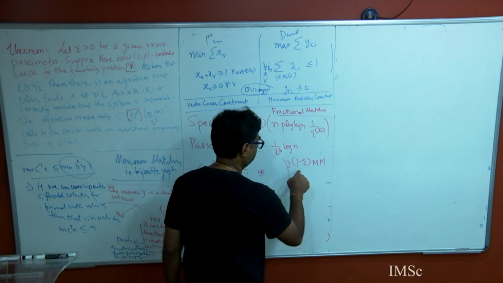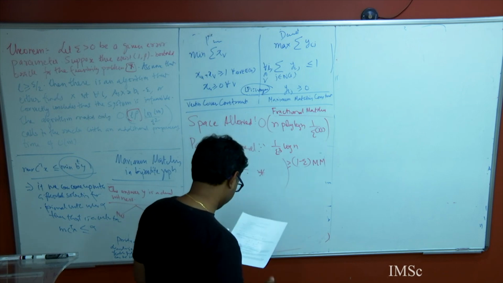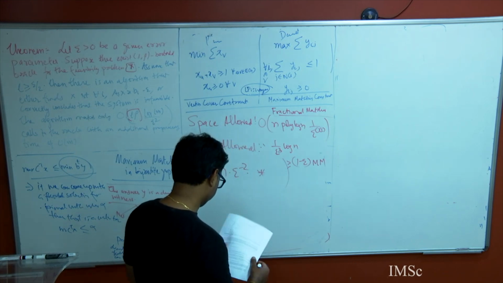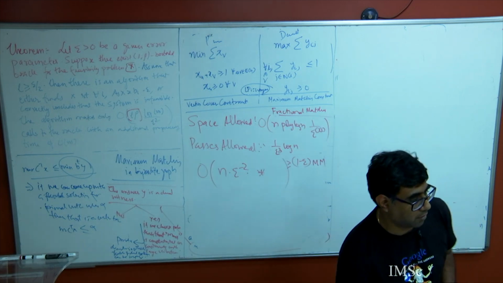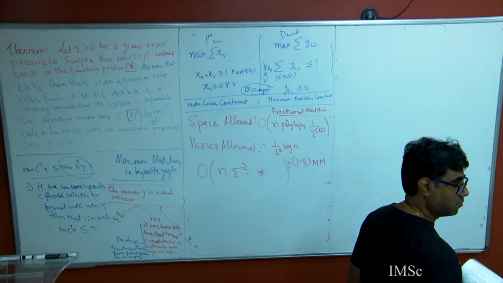Return a number which is at least 1 minus epsilon times the maximum matching size. So here is my oracle, and this is a magic oracle or not magic oracle.